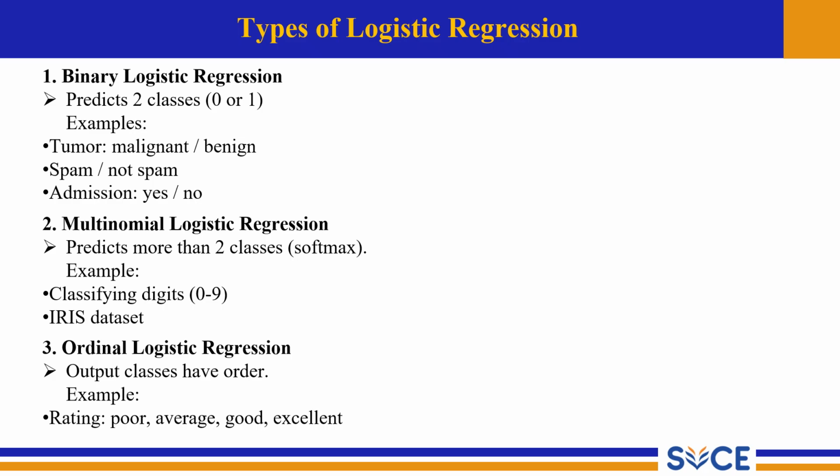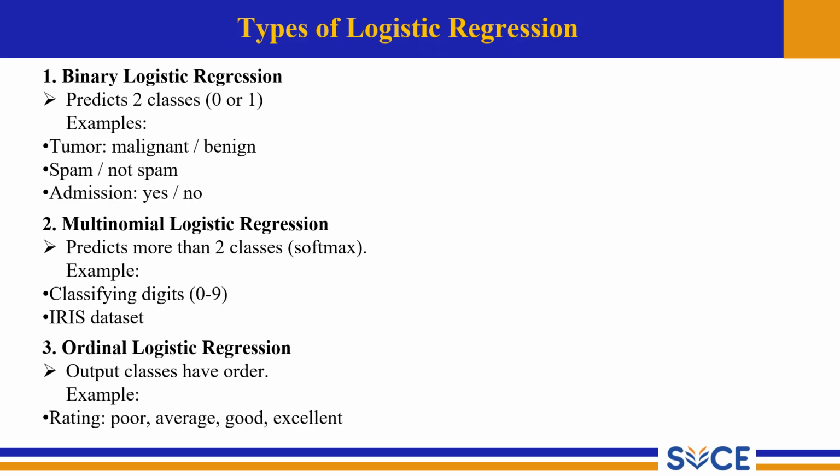Binary logistic regression outputs a probability between 0 and 1, which we then convert to one of the two classes using a threshold, typically 0.5. Whenever the outcome has only two possible categories, binary logistic regression is the go-to model.